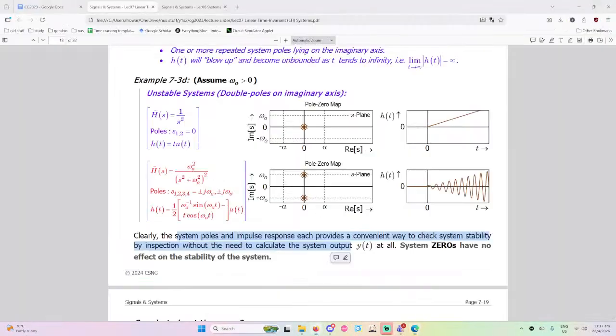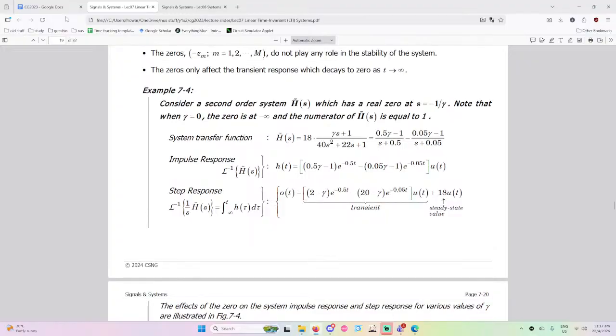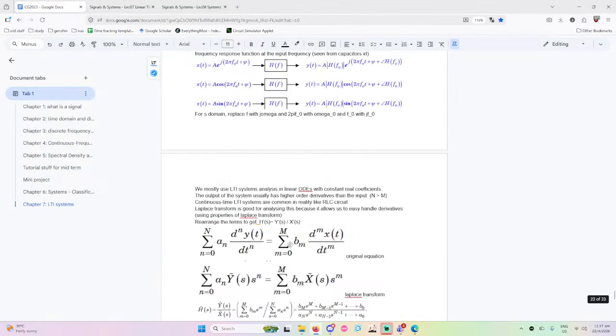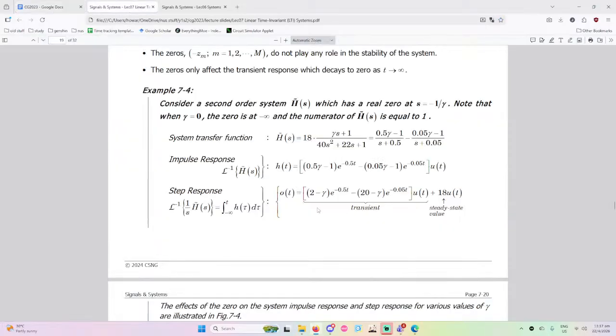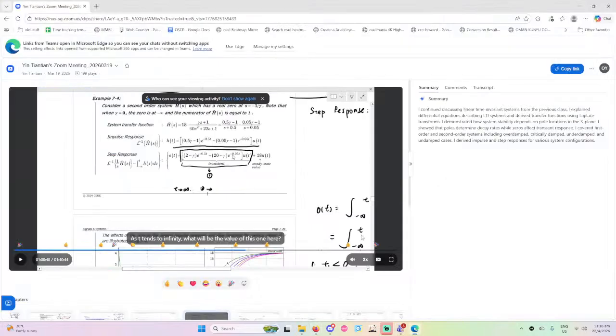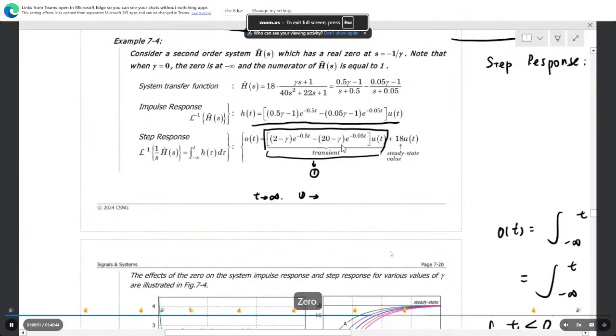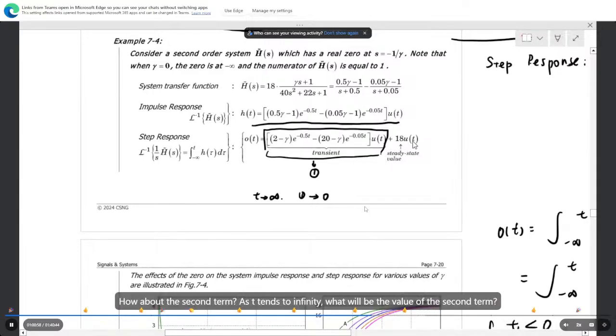It tends to 0. How about the second term? As t tends to infinity, what will be the value of the second term?